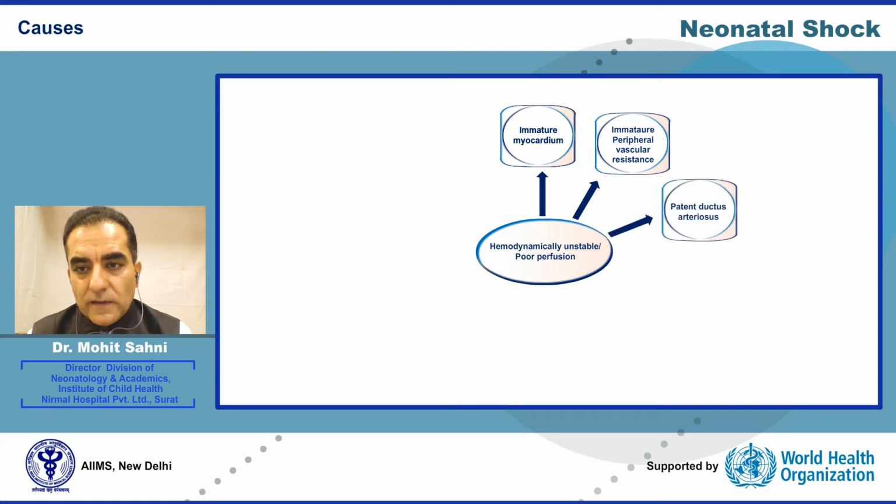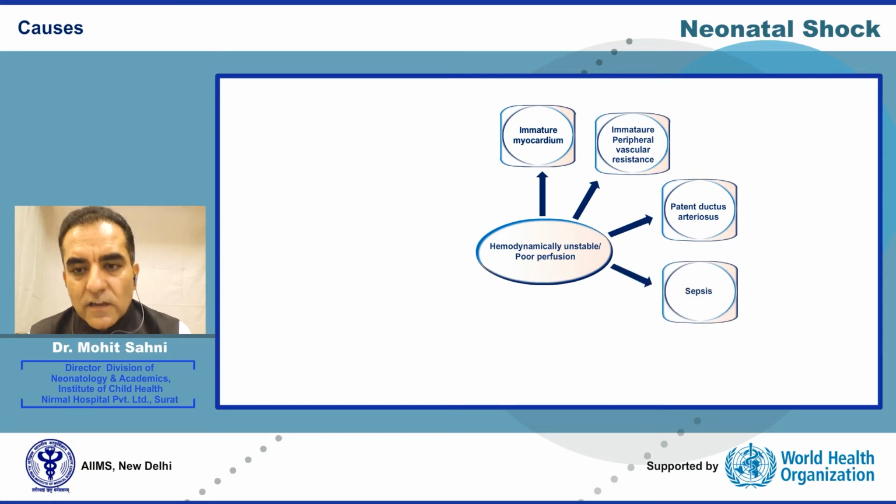The ductus arteriosus, PDA, especially in the preterm babies, is very important because it takes away your systemic blood to the pulmonary side, and hence you have a decrease in the systemic circulation. So you have pulmonary overcirculation and decreased systemic circulation because of shunting of the blood through the PDA.